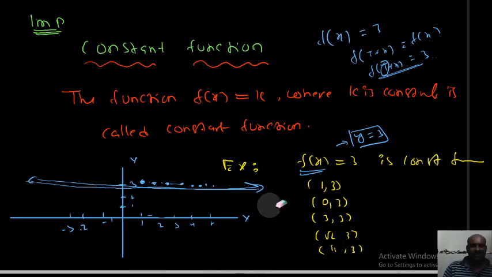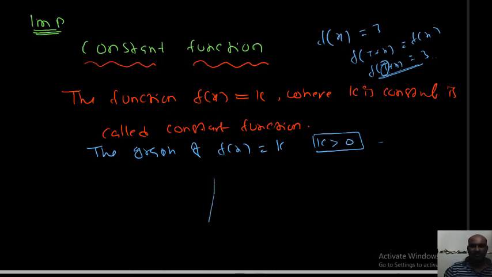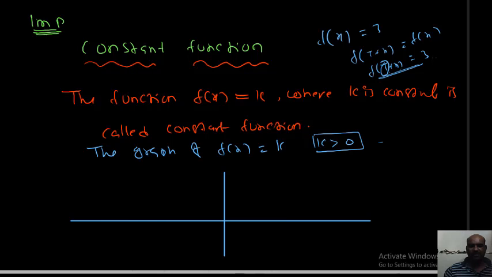That one I want to write. So I want to erase this example. The graph of f of x equal to k. If k is positive, it is above the x axis. If k is negative, it is below the x axis. That is not a big problem. This is the y axis, this is the x axis.